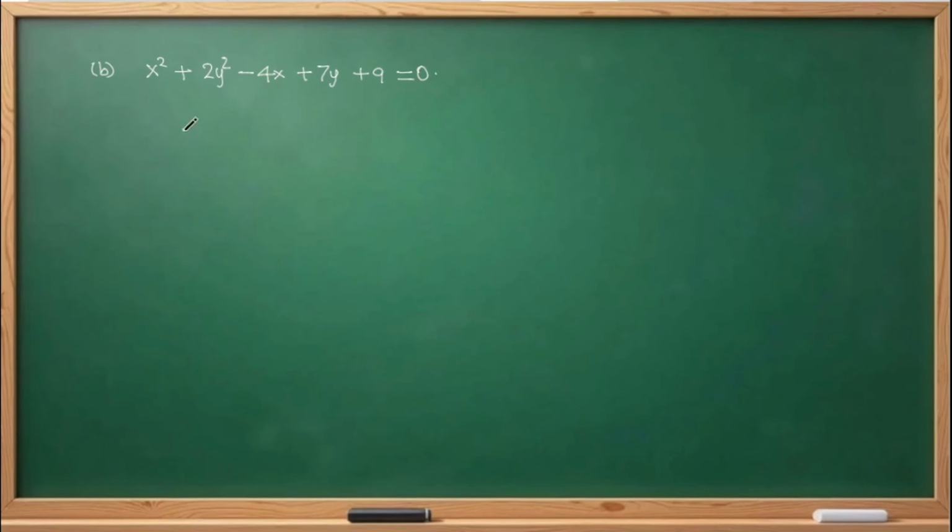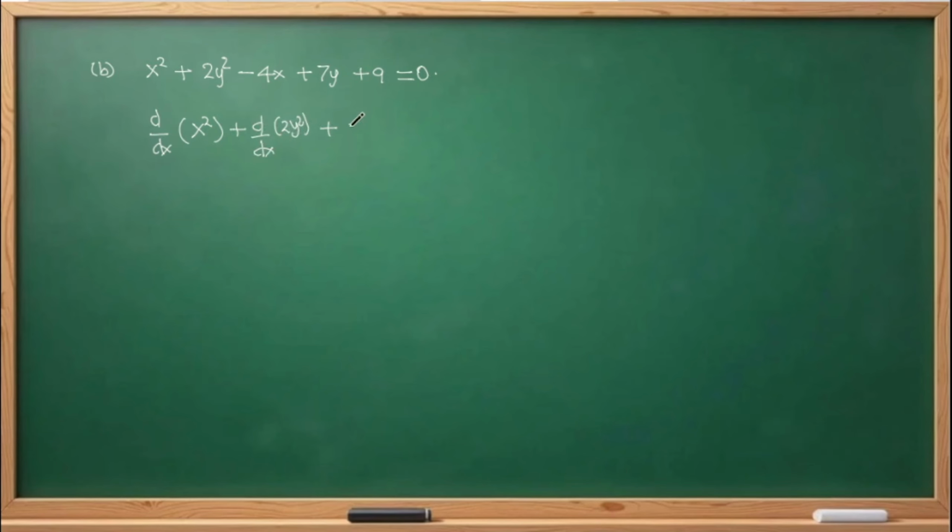In part B of this question, we can do the same, differentiating each side with respect to x. So let's just distribute directly, and we have here the second term, d/dx of 2y squared.